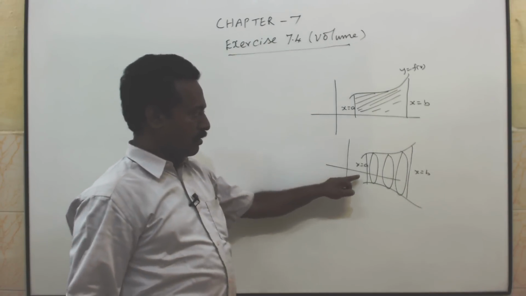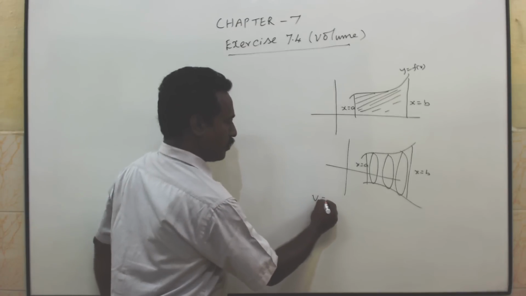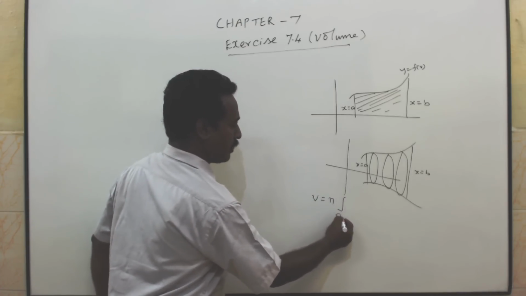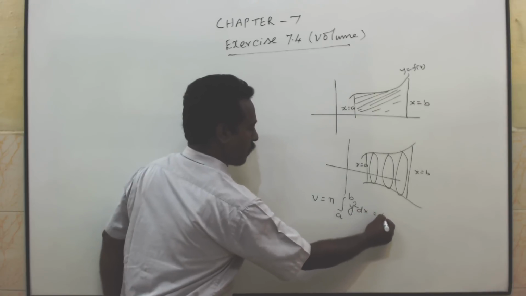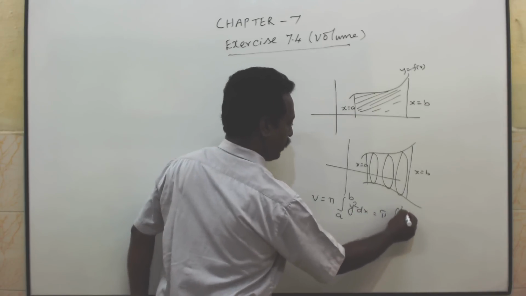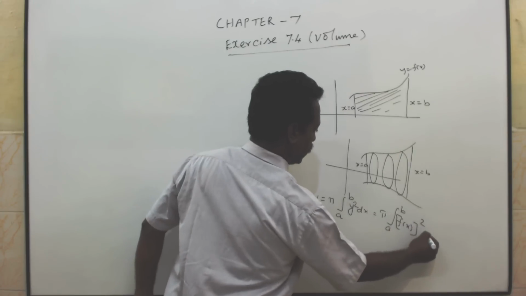So the volume of revolution about the x-axis is V equal to pi integral a to b y square dx, or pi integral a to b f of x whole square into dx.